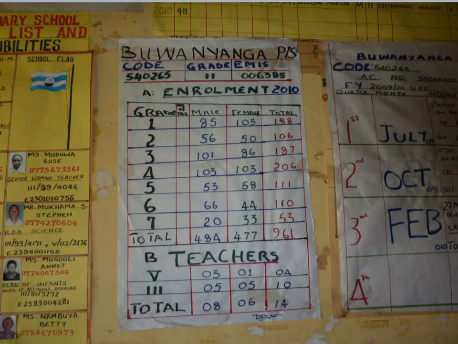However, although that might look impressive as a statistic, when you actually visit schools, you see what that means on the ground. These are class sizes. We can see that in this school there's actually a primary school class where there are over 200 students enrolled in that class. So although those children are getting an opportunity to take part in primary education, it's doubtful whether or not they'll be able to learn effectively given those numbers and those conditions.